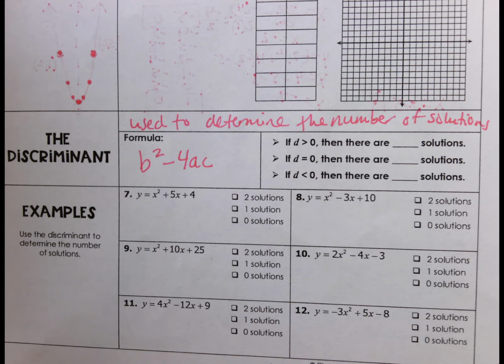So the discriminant uses that same factor test to determine whether or not we're going to have 0, 1, or 2 solutions. So just because something couldn't be factored didn't mean that it didn't have solutions, but it could mean that. All right, so we're going to look at this. The discriminant is b squared minus 4ac.